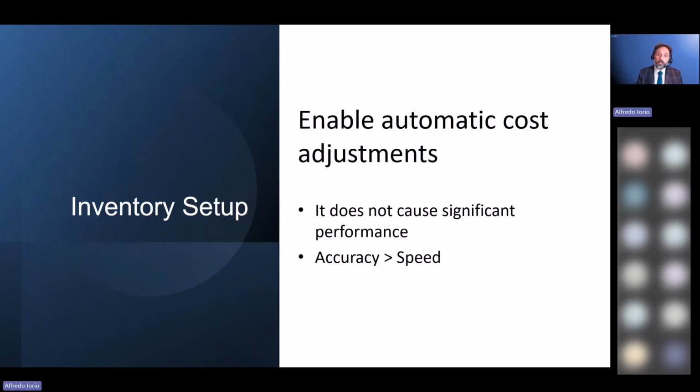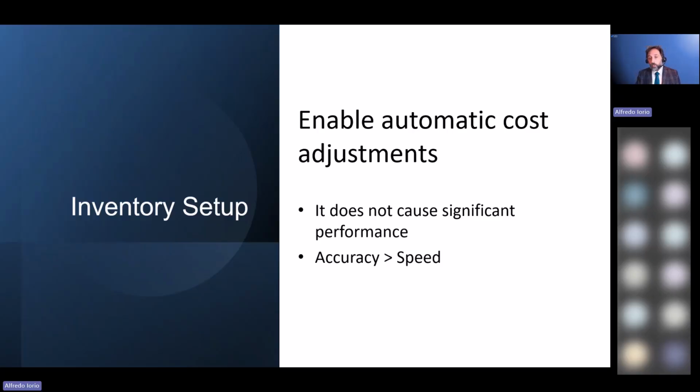enable automatic cost adjustment. Do it because it does not cause significant performance issues. It might get in the way in terms of performance if you process hundreds of transactions concurrently. But since version 26, Business Central has a new posting engine that allows you to post multiple transactions at the same time without causing table locking.